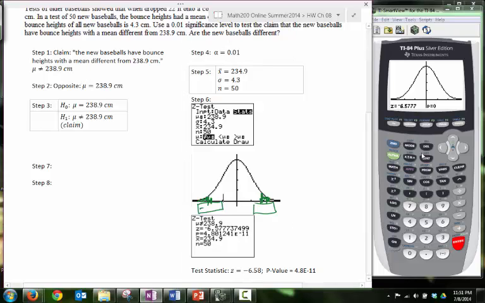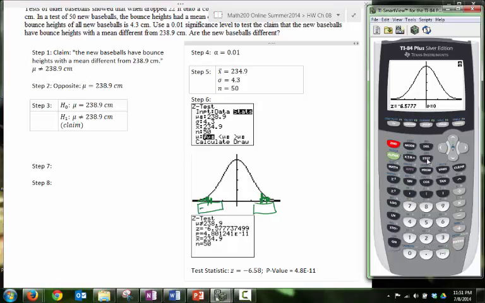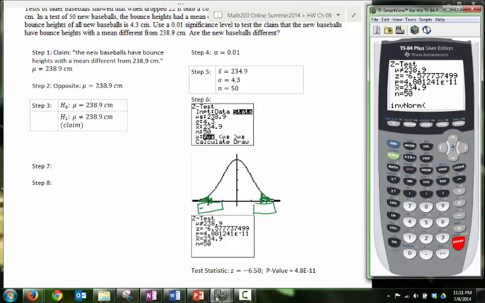One of them is going to be a negative, the other one's going to be the exact same but positive. And the way we can do that is we can take our calculators and do second distribution. So we're doing the inverse norm, and we're looking at the area to the left. So if we focus on this negative one, our alpha is 0.01. But because it's a two-tailed test, it gets cut in half. So let's divide that by 2.